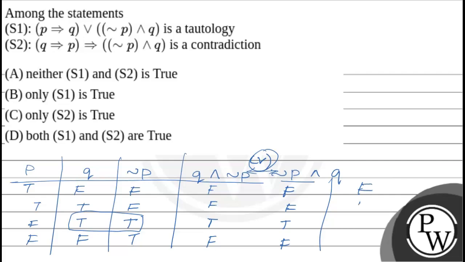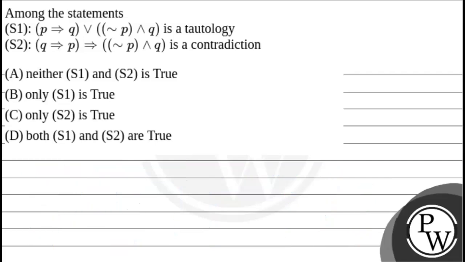Again we have false, false, which will be false. Here we have true, true. So in this case, it will be true. And false, false will be false. तो हमें यहाँ पे एक true value मिल रही है. So we can clearly see this is not a contradiction. Because इसको contradiction होने के लिए सारे values false ही होने चाहिए. But we are having a true here. So we can write statement 2 is incorrect because it is not a contradiction.